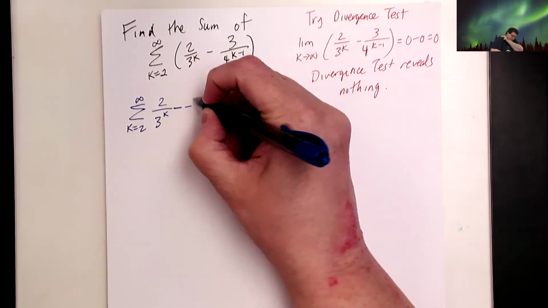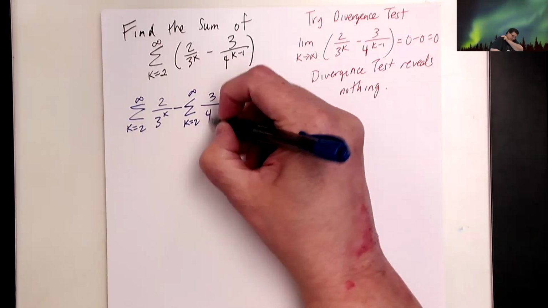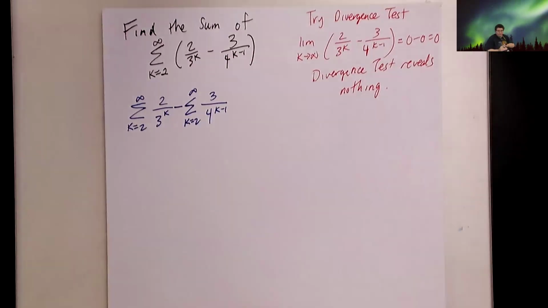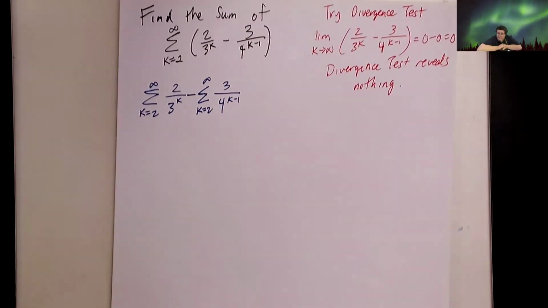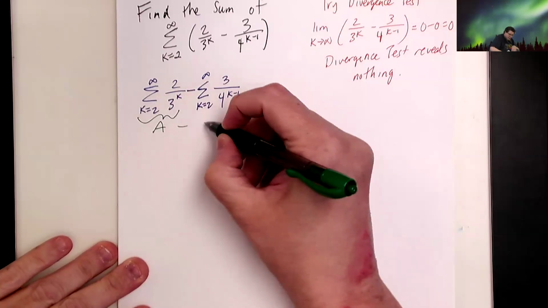Oh, I said I was going to separate them into two sums, and then I didn't. There we go, fixed it. And let's look at them each separately. Let's call this one A minus B.